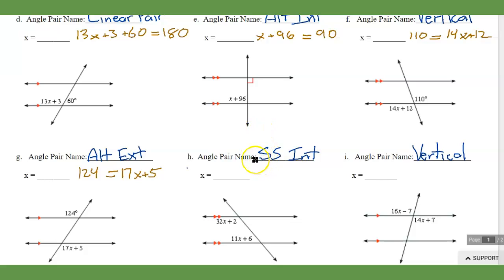H, we got same side interior, so these are supplementary, right? So these add up to 180 degrees. Okay. And lastly, just like the one above it, I is vertical angles, which are congruent. So we have 16x minus 7 equals 14x plus 7.